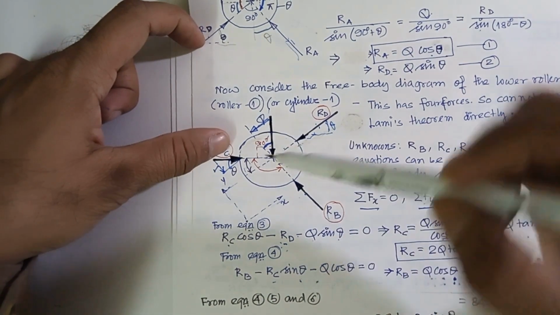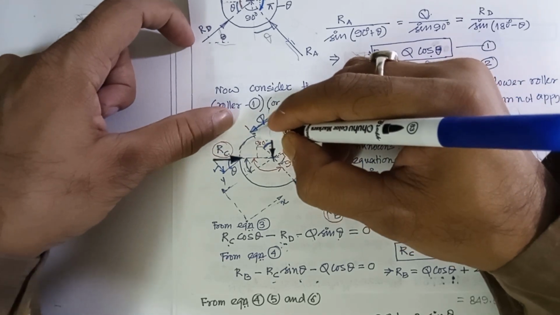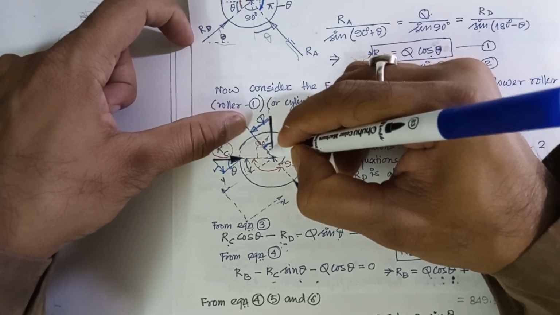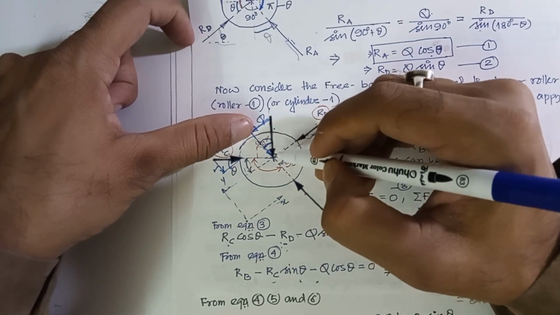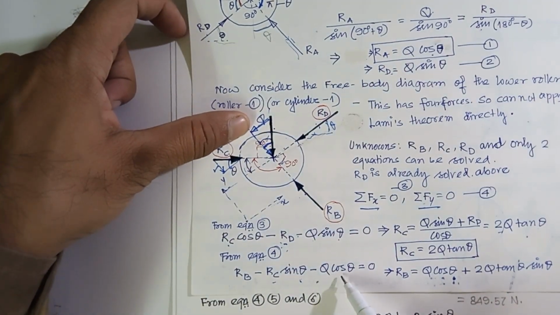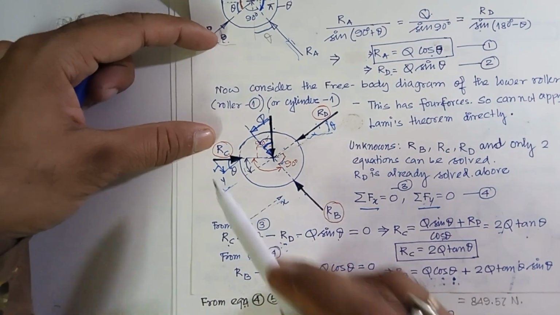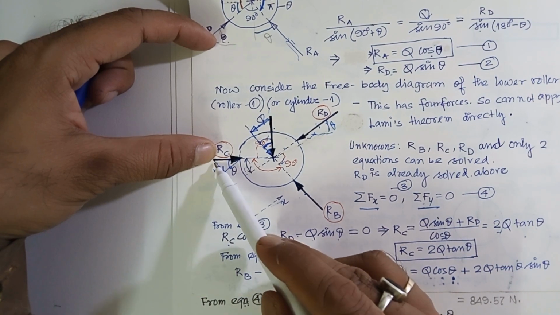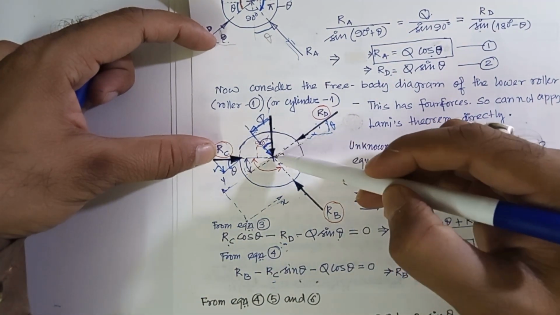Next, Q. What is the component of Q along the y direction? This one. So from this along this direction, and this angle is theta, therefore Q cos theta, but in the negative y direction. So RB in the positive y direction, RC sin theta in the negative y direction, and Q cos theta in the negative y direction.